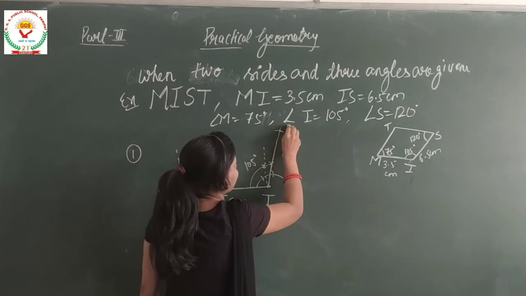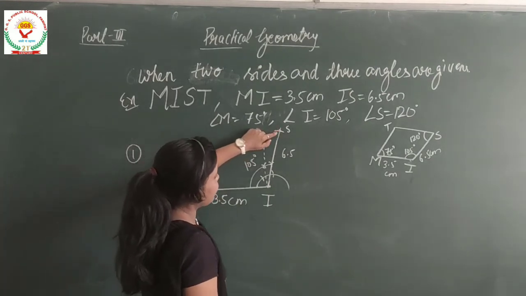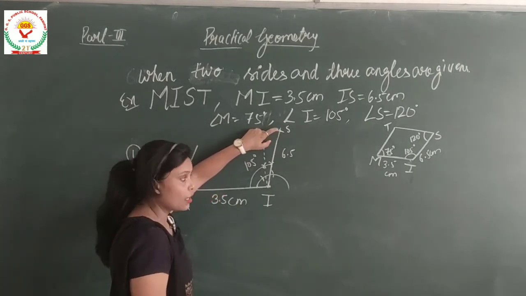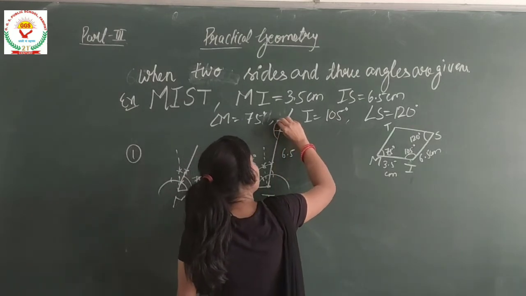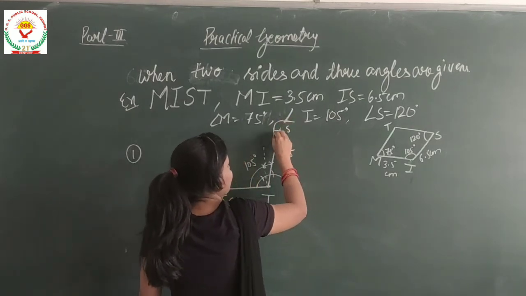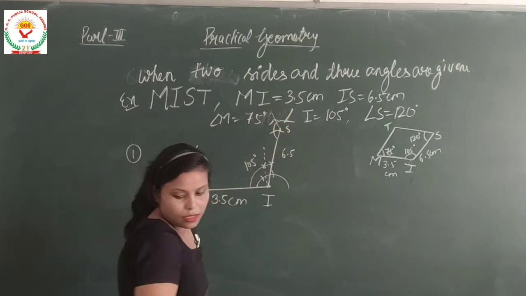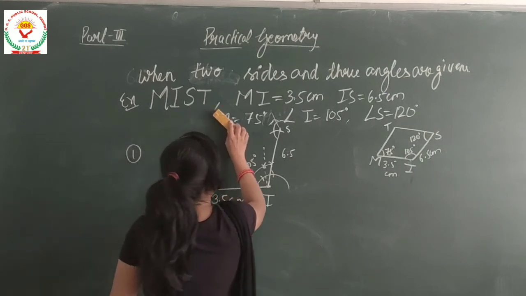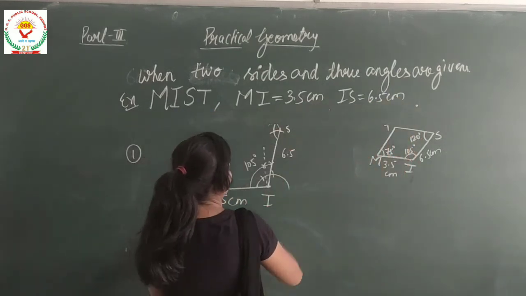So this point will be S. Okay. At point S, you need to draw an angle of 120 degrees. So you will again mark 180, 60, 120. So this will be your 120 degrees.